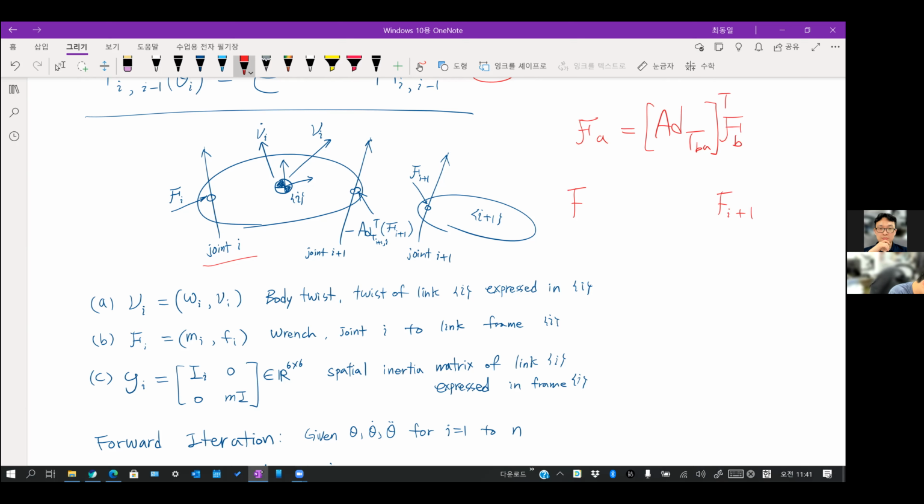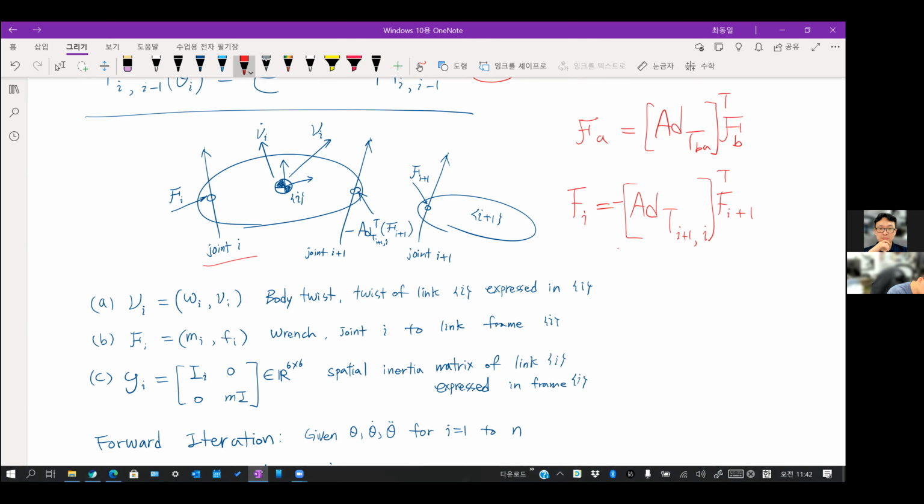So if we know the wrench F_{i+1}, and we want F_i, we can use Ad joint T_{i+1,i} transpose, and we have a different direction.